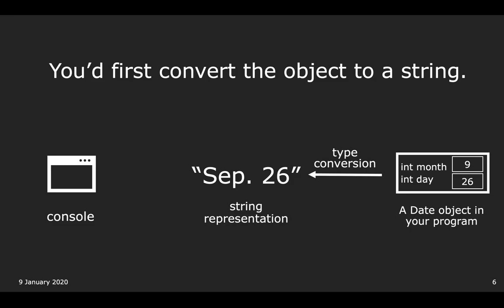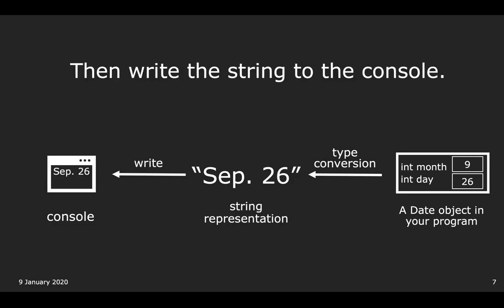There's no direct, easy way for the computer to know that converting it to a string becomes that. So this is the first thing you have to manage, type conversion. And then the second part is you have to actually take that string and somehow write it to the console. Make sense?